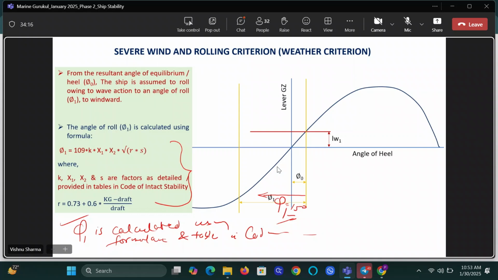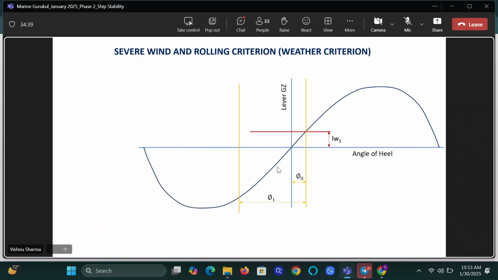If wind becomes stronger, LW, the wind heeling lever will become more. And what does IMO say? That it becomes so gusty that wind heeling lever becomes 1.5 times of LW1. The ship is then subjected to gust wind pressure, which results in a gust wind heeling lever of LW2.